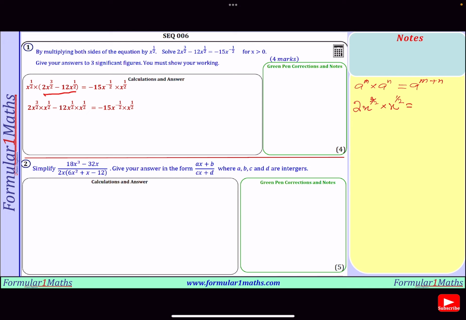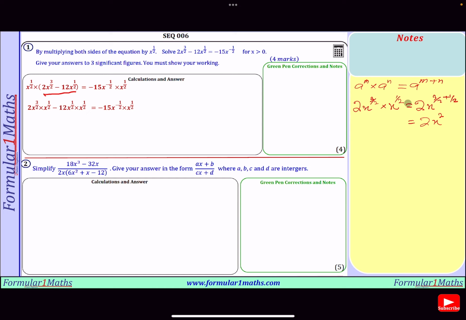This will be equal to 2x to the power 3 over 2 plus a half. And this simplifies to 2x squared. So the first term becomes 2x squared.